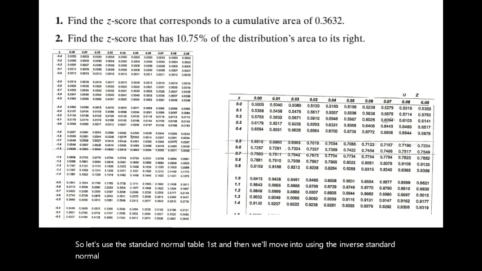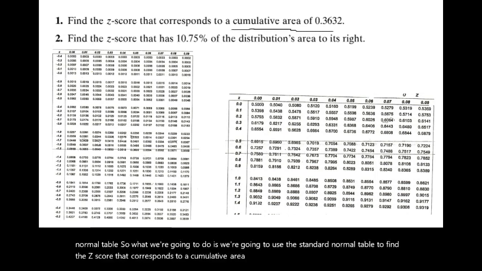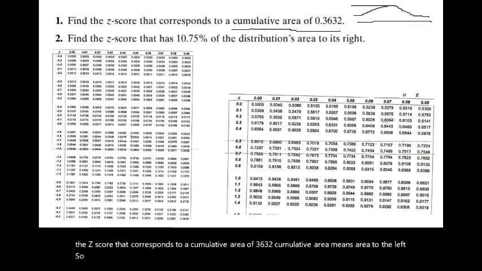We're going to use the standard normal table to find the z-score that corresponds to a cumulative area of 0.3632. Cumulative area means area to the left. So we're finding a z-score that has an area to the left of 0.3632.